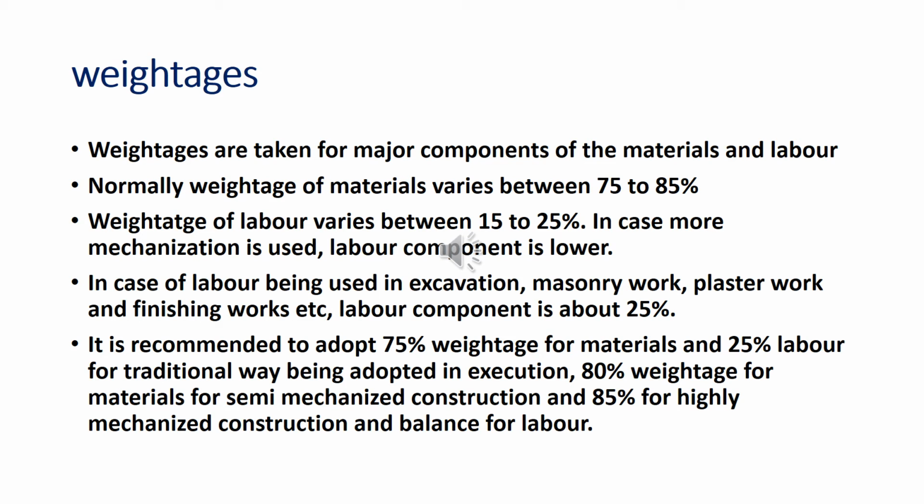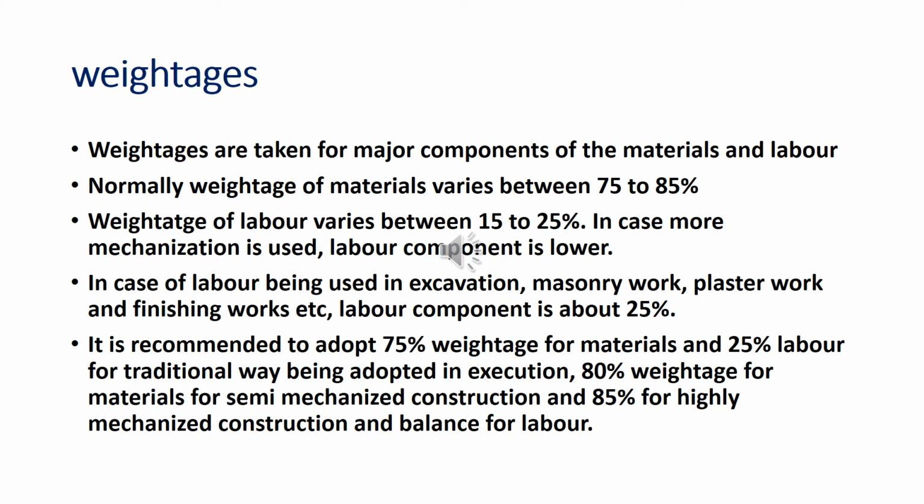Let us see, as we have already discussed, that weightages are taken for major items or major components of the materials and labor. Normally, weightages of materials vary in a building between 75 to 85%. This we are talking for a new, complete building, not for maintenance.